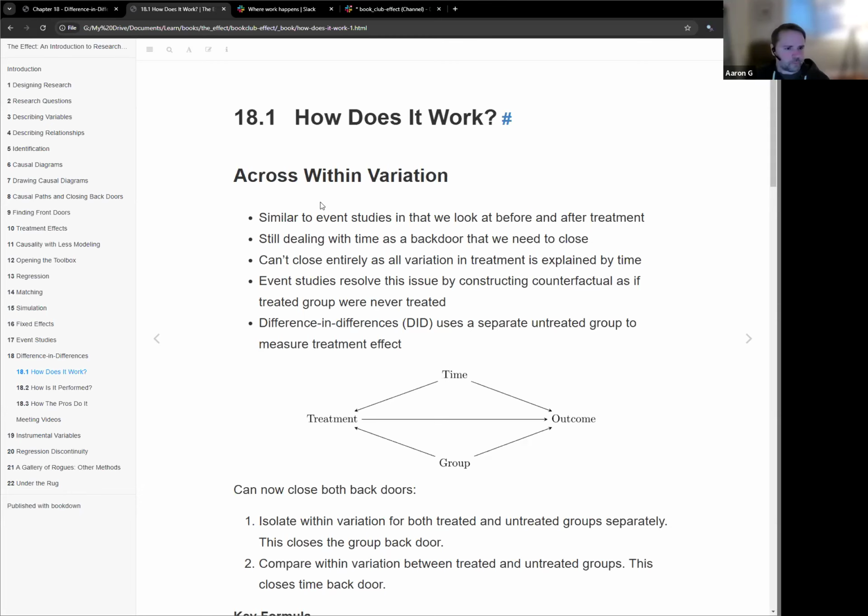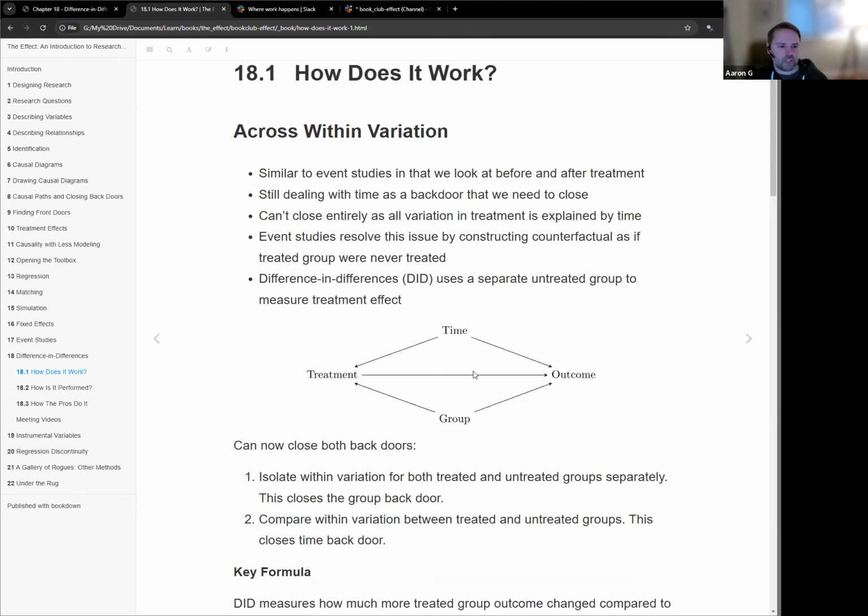And so we have this DAG just representing some of the confounders we're dealing with. The top half of the DAG is what we represented when we were talking about event studies, where you have time as a confounder, and you want to close that, right? The path between treatment and outcome that's going through time, at least partially.